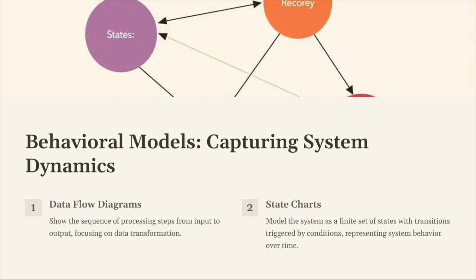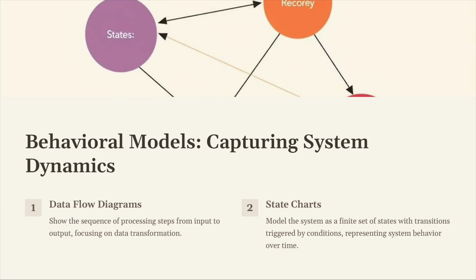Behavioral models focus on how the system changes over time and how it handles data. The first one is data flow diagram and the second one is state charts. Data flow diagrams. These show how data moves through the system from input to processing to output. For example, in a shopping app, the data might flow from users' input to inventory checks, payment processing, and order confirmation.